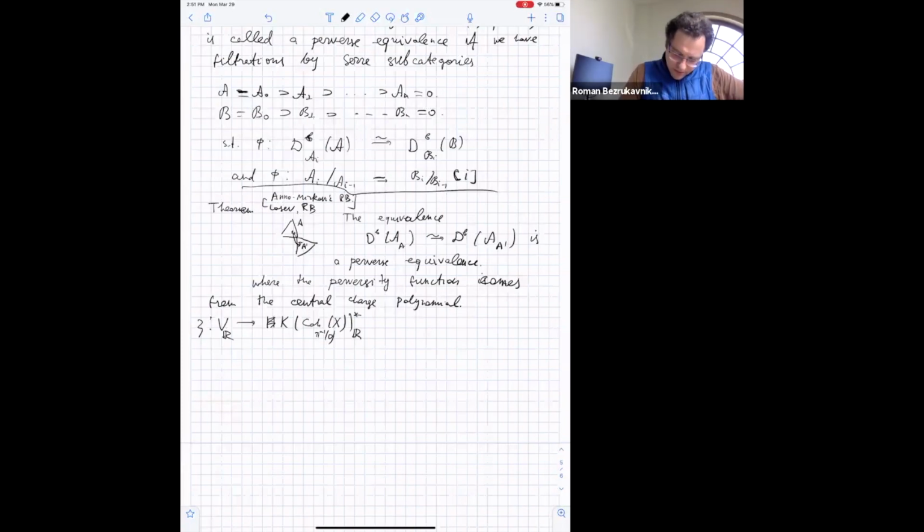But okay, anyway, so there's some elementary map. Essentially, if lambda is a class of a line bundle, then it goes to the functional which sends f to the Euler characteristic of f tensor lambda.